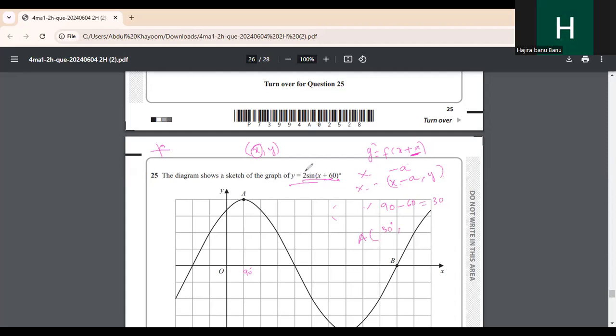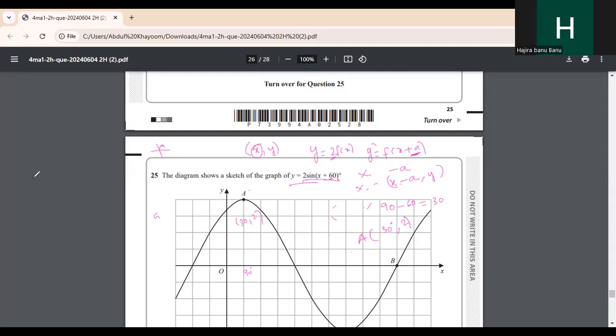Now, if there were no 2, y would remain the same. But here the 2 is outside the bracket, like y equals 2f of x, so whatever y value is there, we multiply with 2. In the original graph, for 90 degrees the y value was 1. Multiplying 2 times 1, the y value changes to 2. So my point A is (30 degrees, 2).